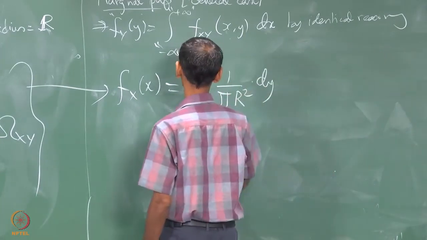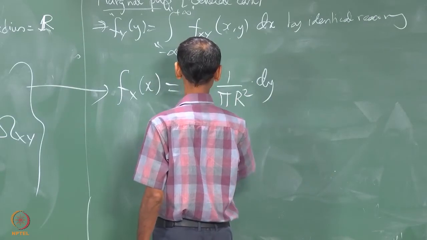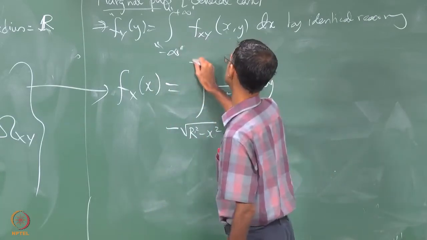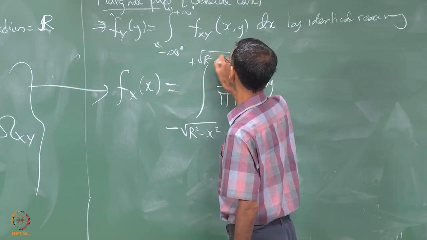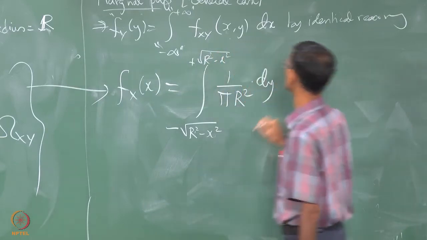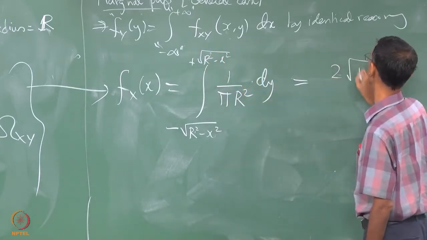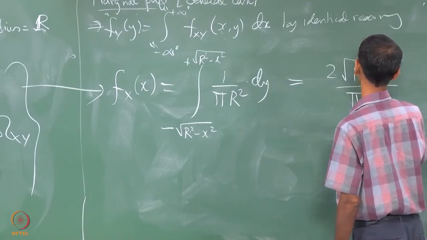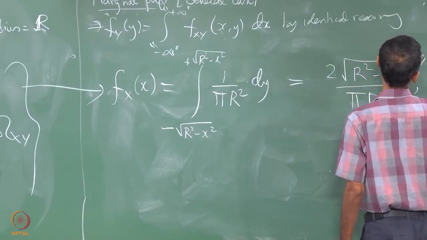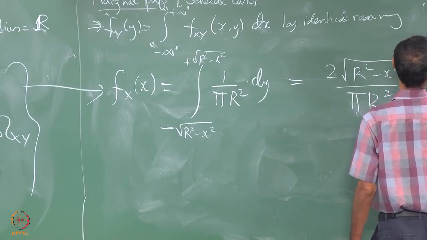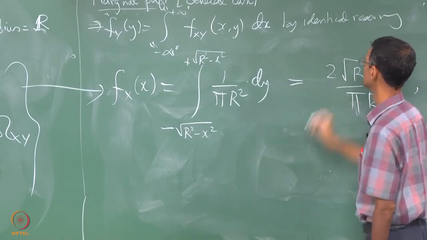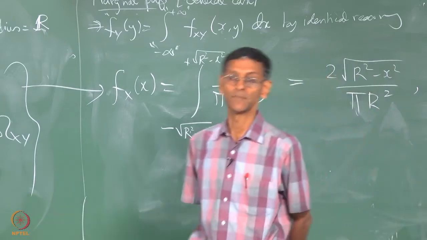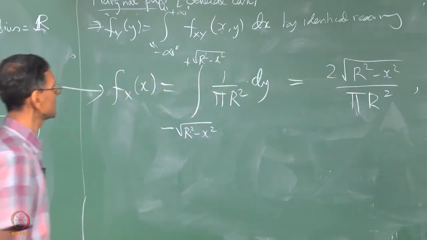Minus square root of r squared minus x squared to plus that. What is the value of this integral? And automatically 0 outside. So this is your omega x.